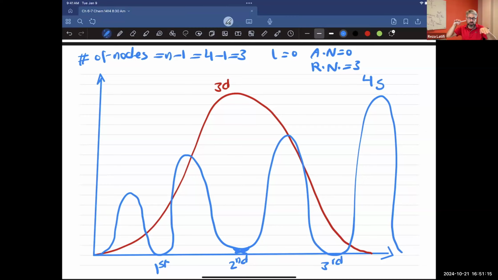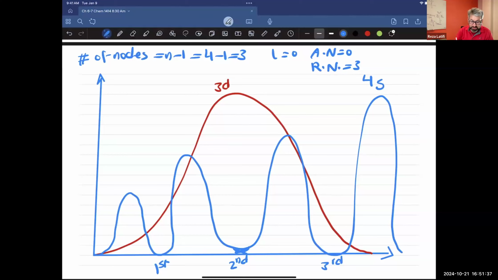So what will happen? The 3d stays as it is, but the 4s gets a bit more stable because of the penetration, just enough to be lower in energy than the 3d orbital.